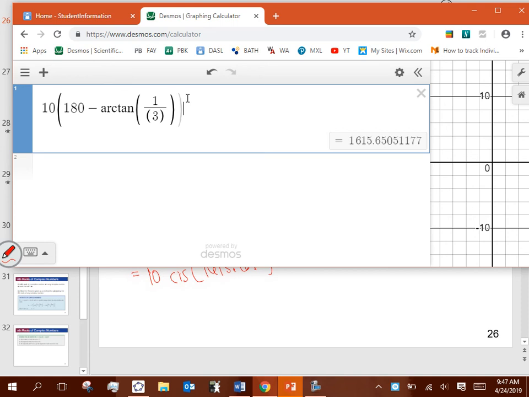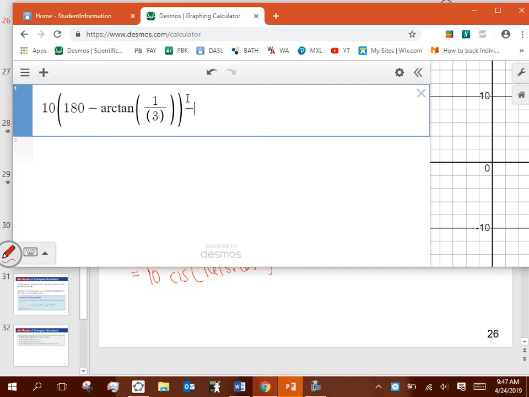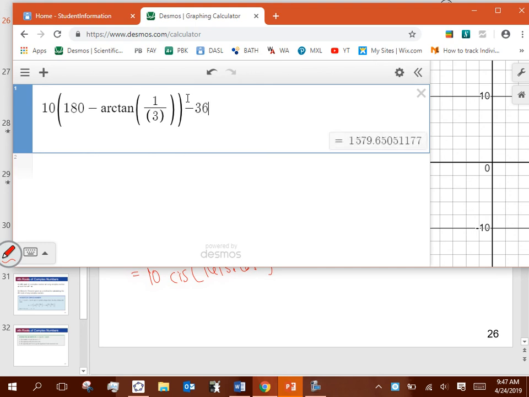So now that number is my argument. But I don't like that because it's greater than 360, right? So I want to start reducing it by multiples of 360. If you're working on your TI-84, if you hit minus 360 and hit enter, and hit minus 360 one more time, and then hit enter, and then hit enter, and then hit enter, it will do that kind of repetitive removal of 360, right?